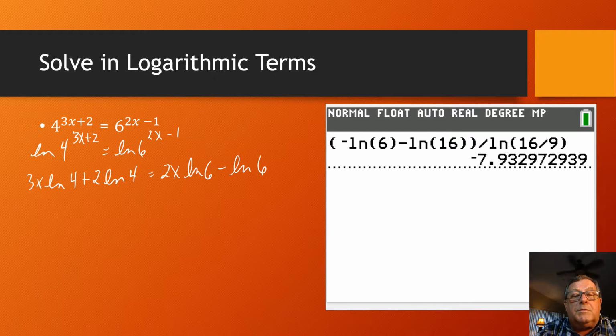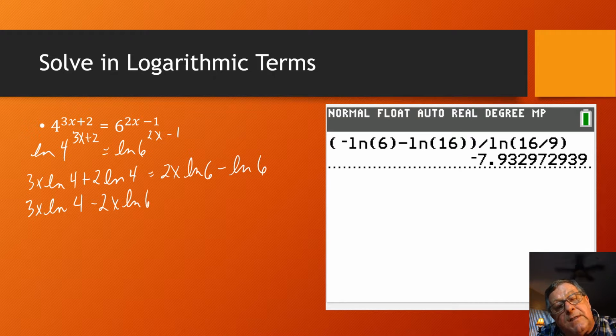Let's get our variables all on one side and our non-variables on the other, and then we've got 3x ln 4 minus 2x ln 6 equals negative ln 6 minus 2 ln 4. And we'll factor out an x on the left, and at the same time we're going to undo the power property.